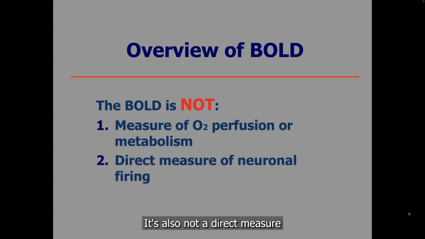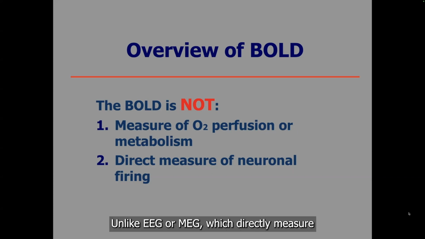It's also not a direct measure of neuronal firing, and this is a little confusing. BOLD, the blood flow, is directly related to the amount of neural firing in an area. However, it is still a measure of flow. It's an approximation of how much flow using MRI techniques.